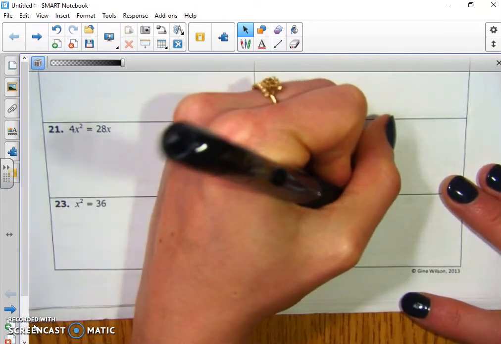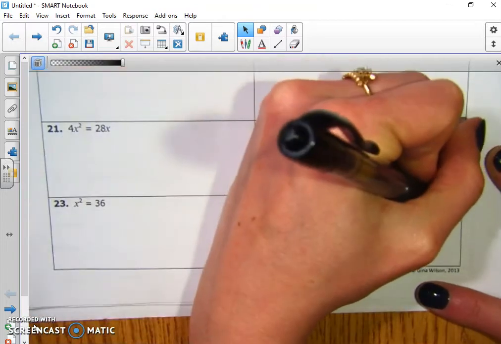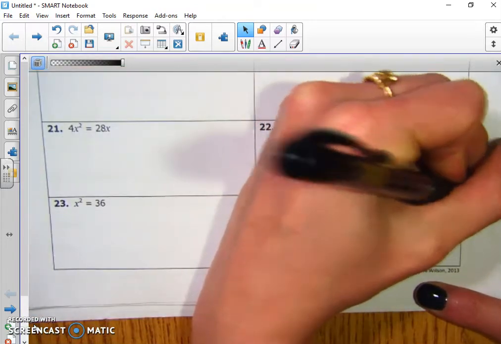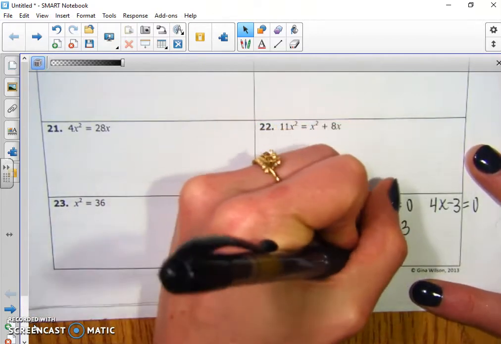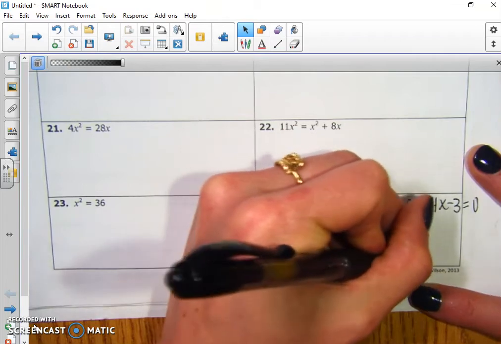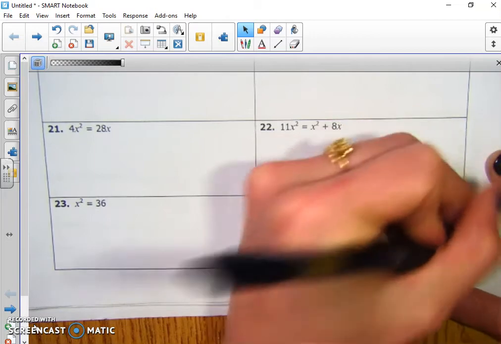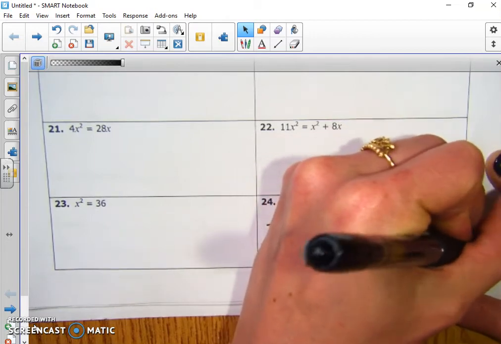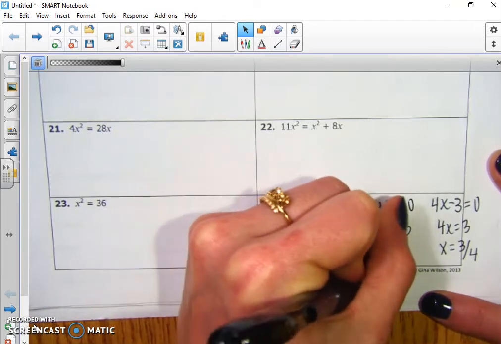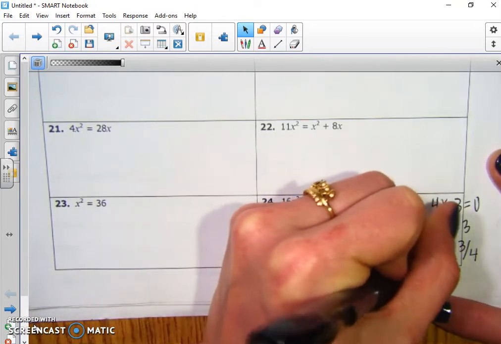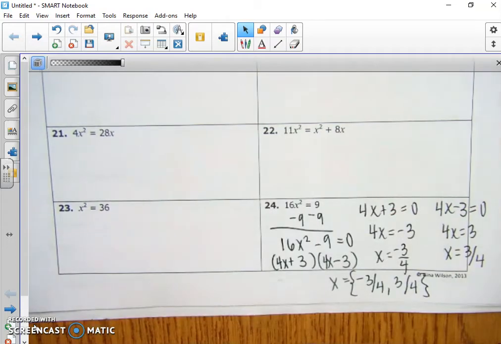So we have 4x plus 3 equal to 0, 4x minus 3 equals 0. So 4x equals negative 3, x equals negative 3/4, 4x equals 3, x equals positive 3/4. So our answer is going to be negative 3/4 and positive 3/4. Those are our x values.